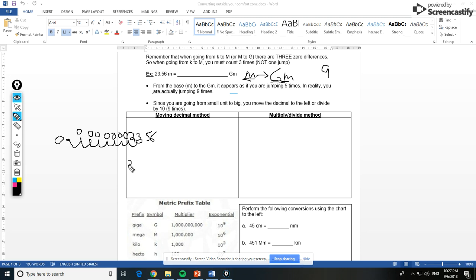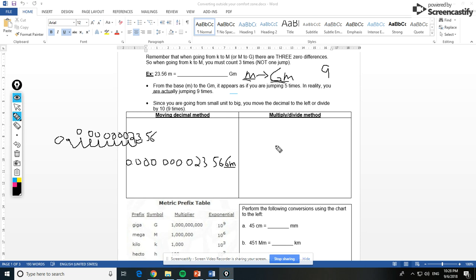So 1, 2, 3, 4, 5, 6, 7 zeros. 2, 3, 5, 6 gigameters. This is a G here, not a 6.